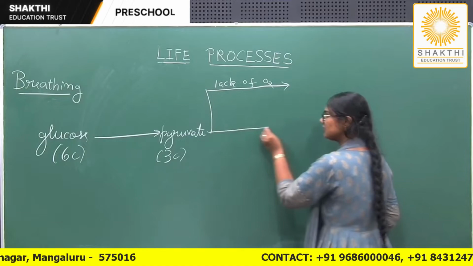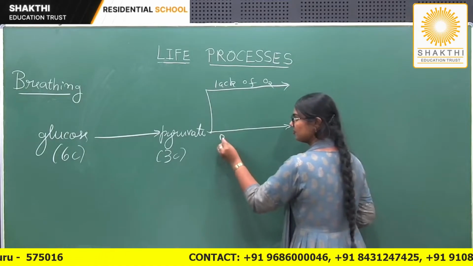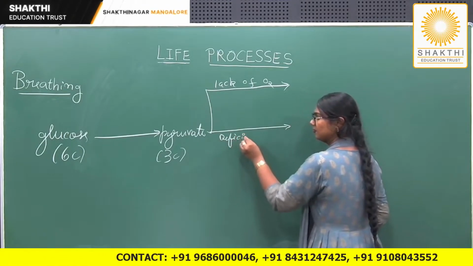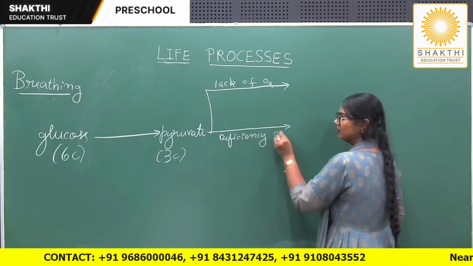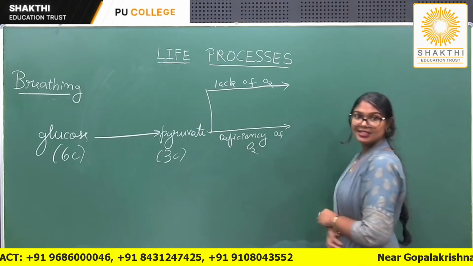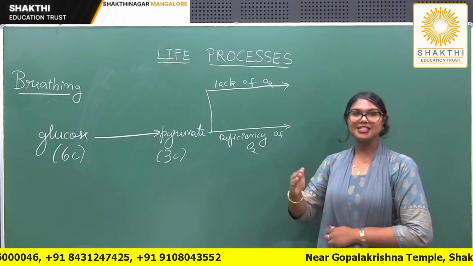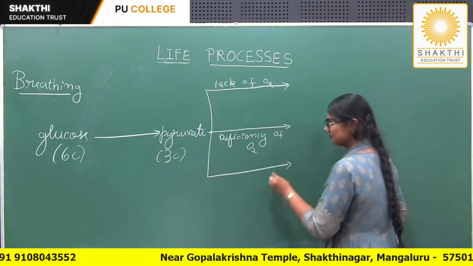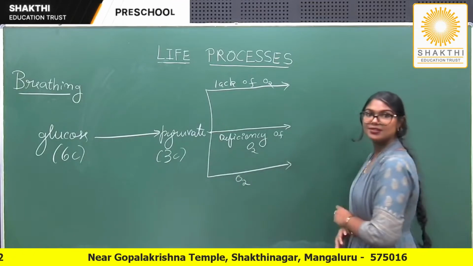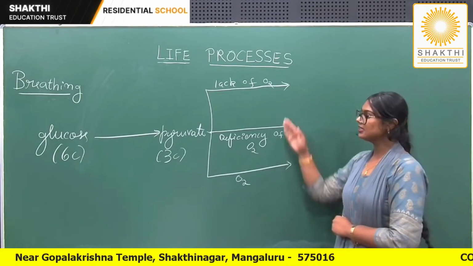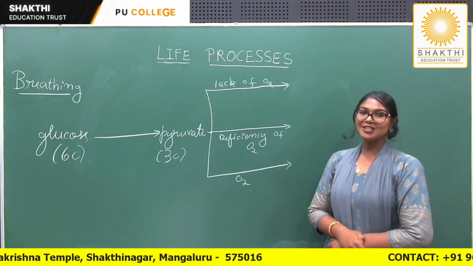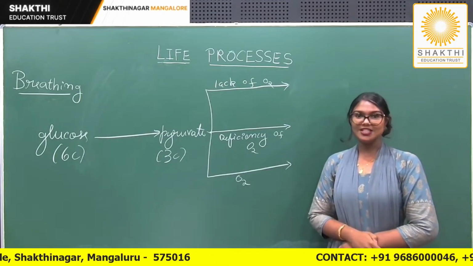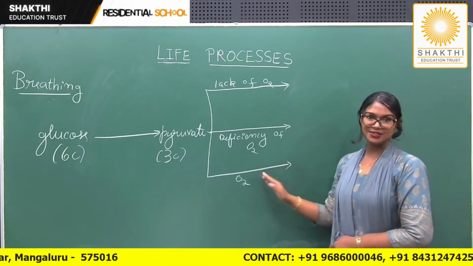Deficiency of oxygen. And the third circumstance is there is plenty of oxygen available. So there is oxygen present. So based on the availability of oxygen, we have 3 situations, students.